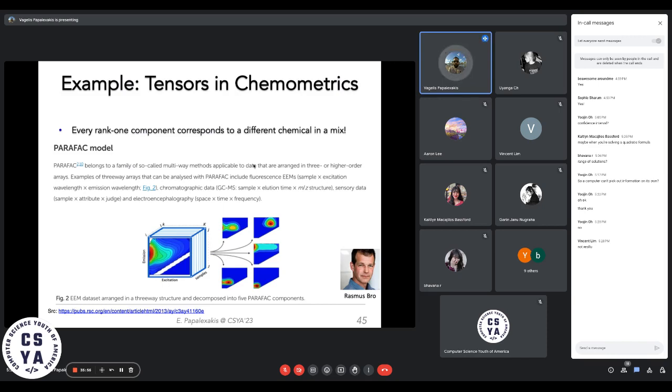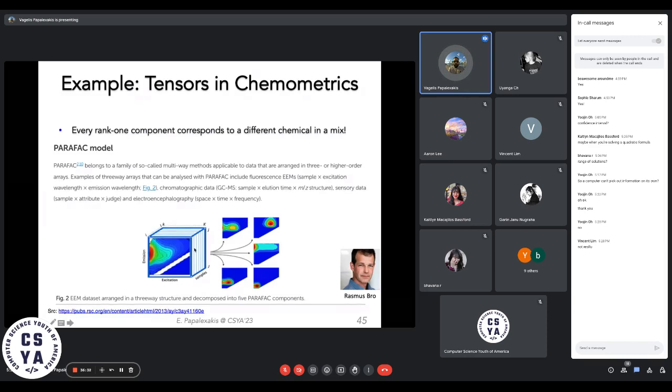Having this chemical mix, a very important thing is to understand what kind of chemicals are in that mix, right? A very popular way in chemometrics to do that is to shine different wavelengths of light into that mix and record the response, and that becomes our data, right? Because for different wavelengths of excitation, you have different wavelengths of emission, and then you have different samples over time, right? And that becomes this three-dimensional structure.